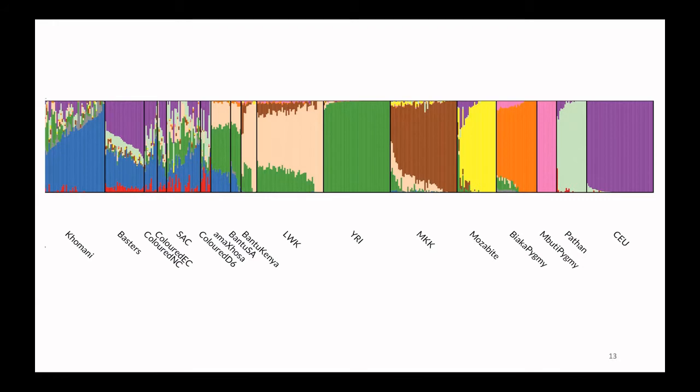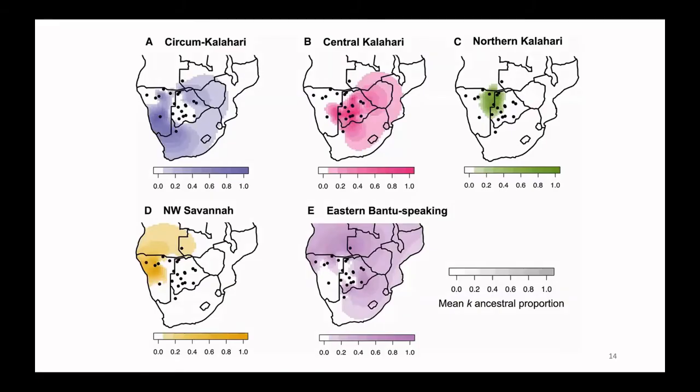In this admixture plot, you also have the Xhosa, the Bantu-speaking South African population, as well as other African populations here. So one of the conclusions from this analysis, if you plot the genetic diversity or ancestral proportion based on geographical location, you can see some very interesting patterns coming out.